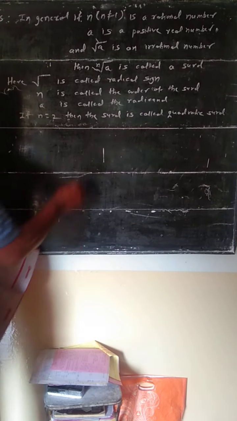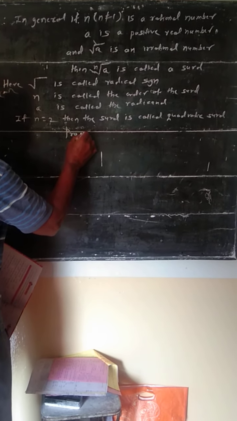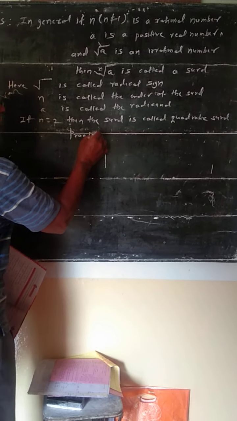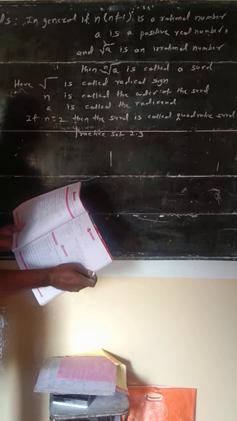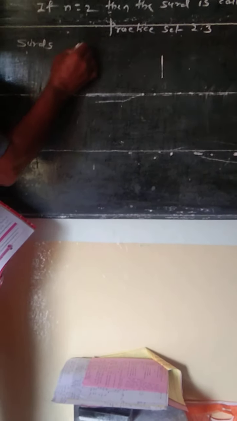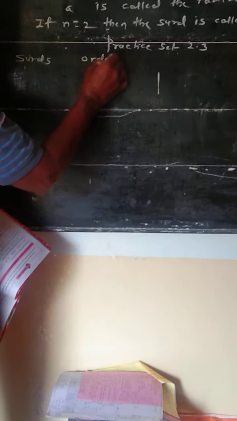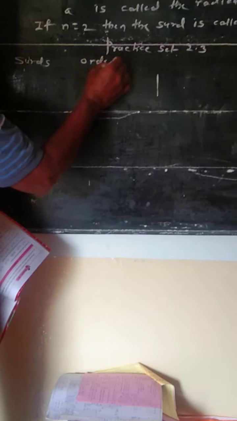Practice set 2.3. State the order of the surds given below. I am making two columns: surds and order. First, cube root 7.